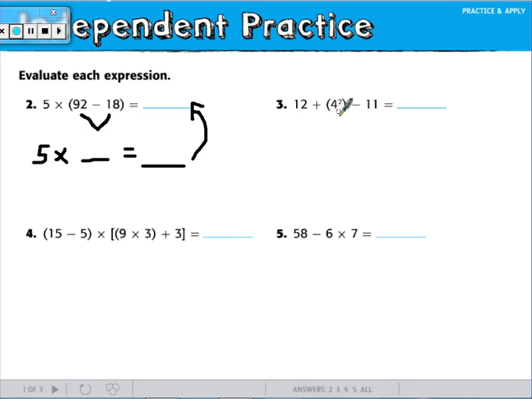Now, they put your powers inside parentheses, even though your exponents are going to come first. Okay? Just draw an arrow down. Put your answer here. Rewrite your problem. Solve your problem.